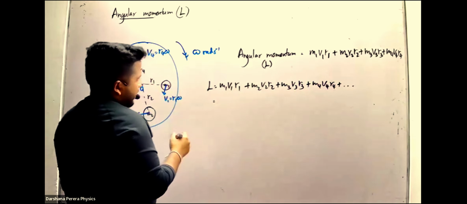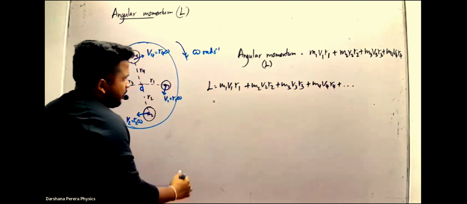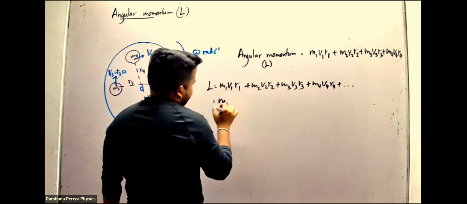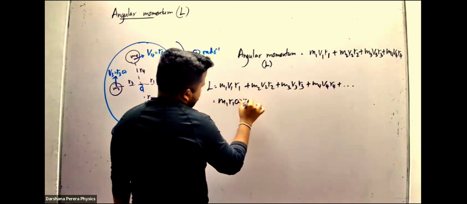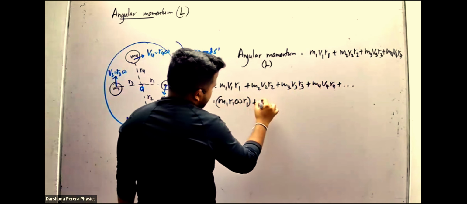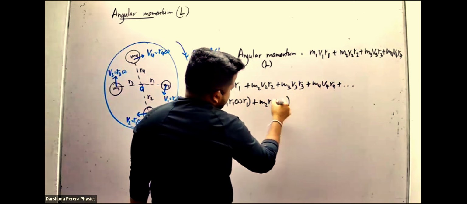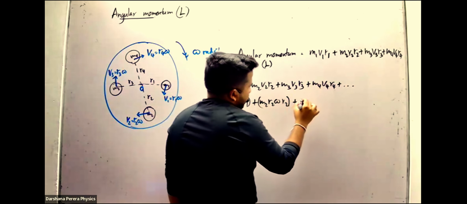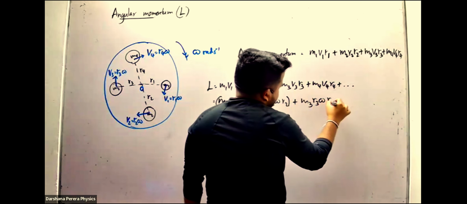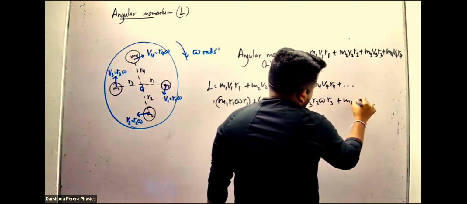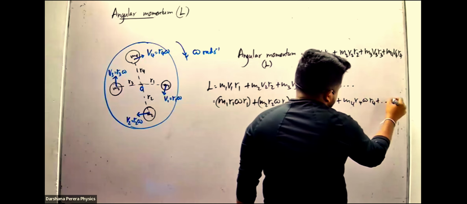Then we can simply say V1 equals the tangential velocity. That means M1 V1 R1 equals M1 R1 omega R1, M2 R2 omega R2, M3 R3 omega R3, M4 R4 omega R4, plus.